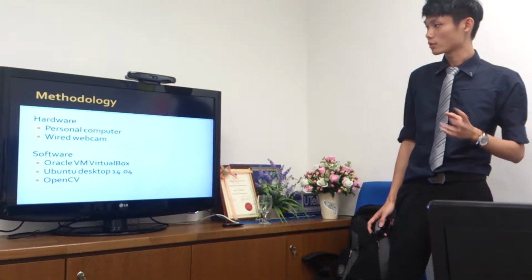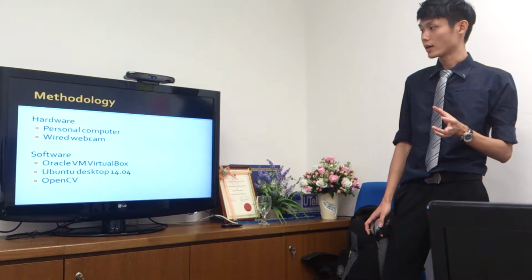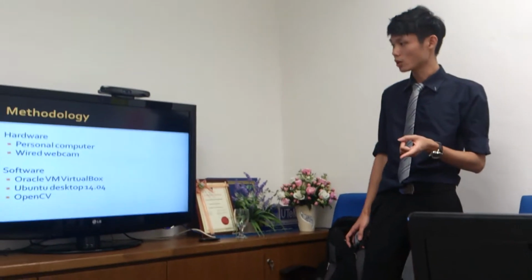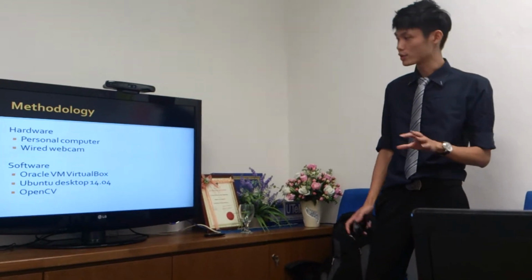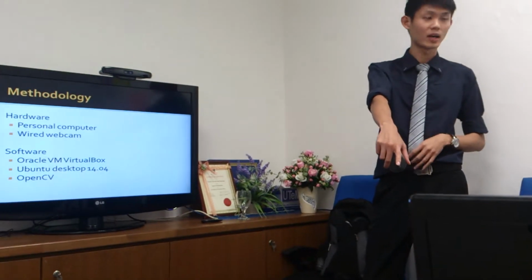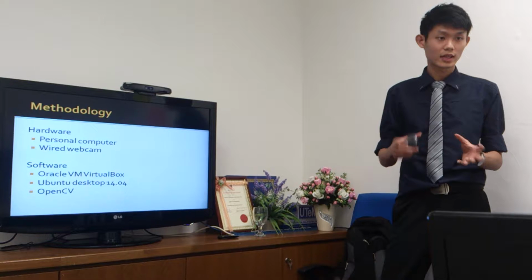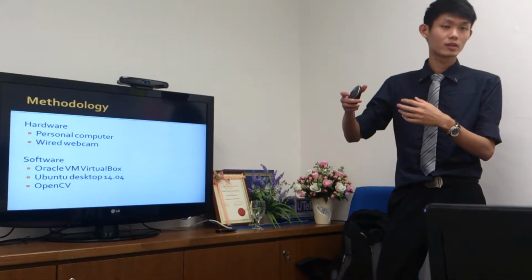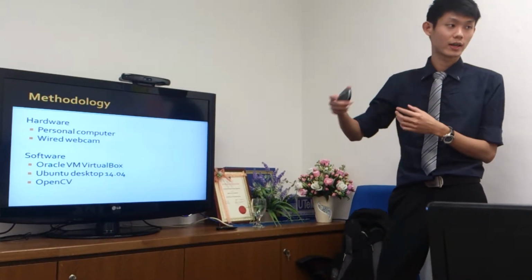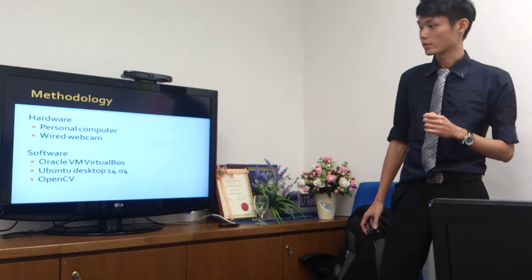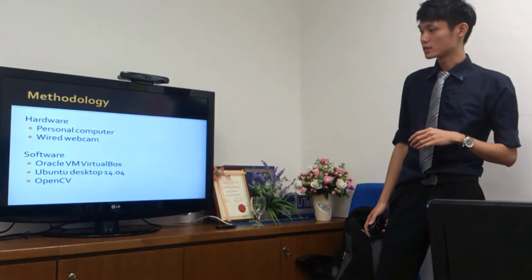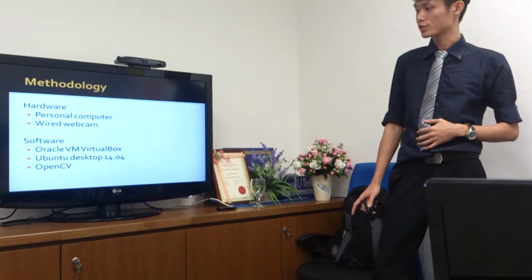The methodology I use here is, for hardware, my personal laptop and a wired webcam. So far I'm using the webcam in my laptop, but after that I might change the camera to another camera like a wired webcam or others. The software I use is Oracle virtual machine.